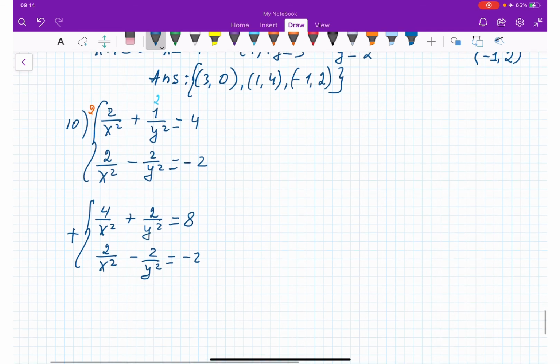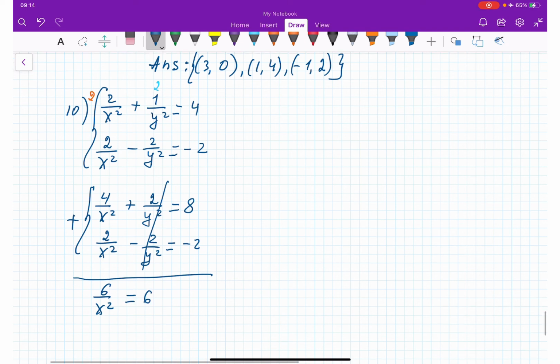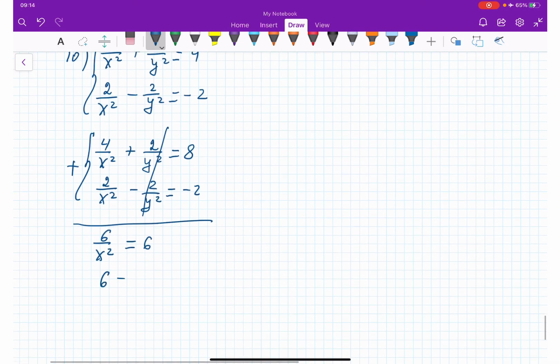So when we add, these two are gone, and we get 4 over x squared plus 2 over x squared, it's going to be 6 over x squared. And this is going to be equal 6. From here, 6 is equal 6x squared.